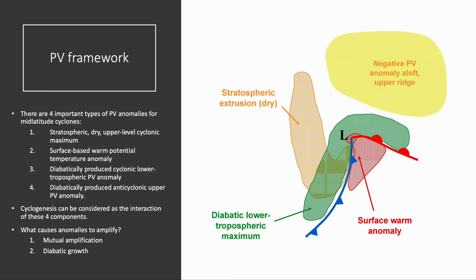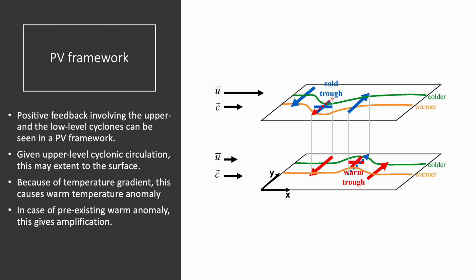Well, it's a combination of things, but typically it's a mutual amplification, and diabatic processes also help. So let's start with the mutual amplification, and this is something similar to the Sutcliffe-Patterson or complementary perspective, right?